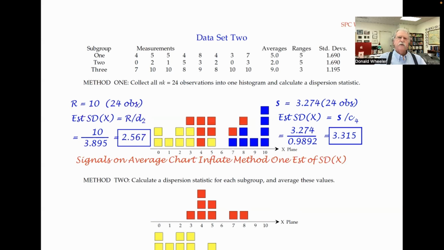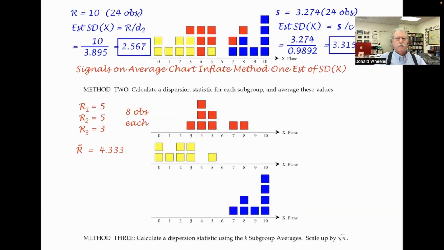All right, what about method 2? Let's see. Well, we take the first subgroup, the range is 5. The second subgroup, the range is 5. The third subgroup, the range is 3. Each of these ranges based on 8 data. So the average range is 4 1/3.